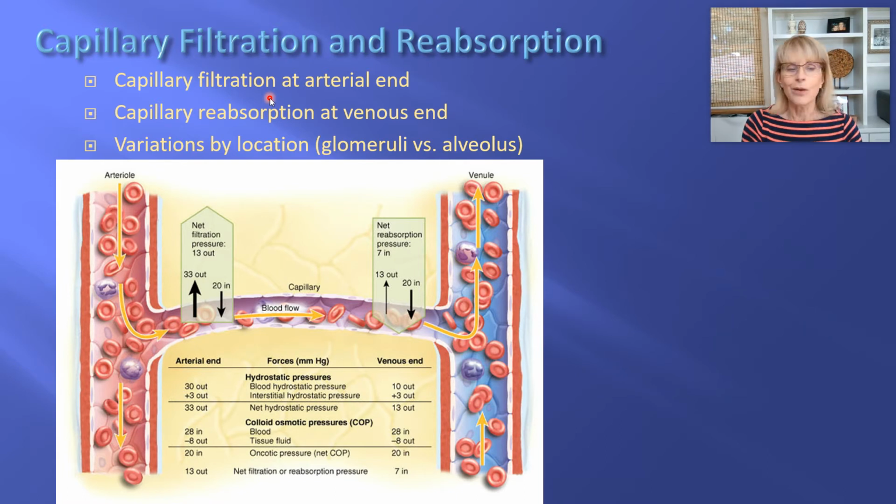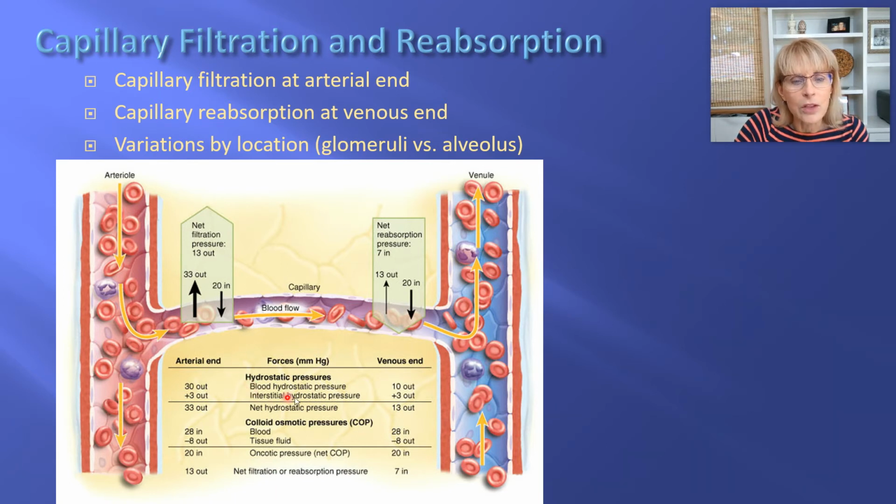However, the aorta is not made out of leaky material. So it really doesn't matter how high the pressure is in the aorta, ain't nothing leaving the aorta. But when we get down here to the beginning of a capillary, there still is quite a bit of blood pressure that is trying to push water against the wall of what is now going to be the capillary.